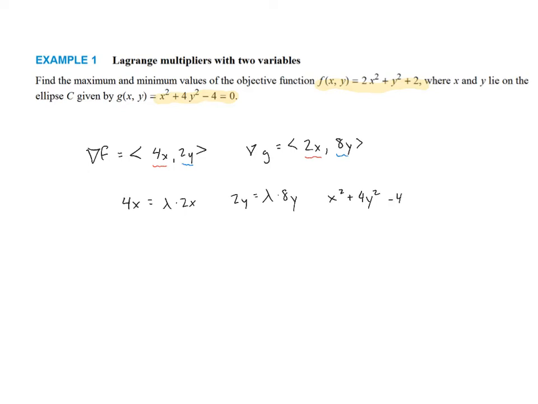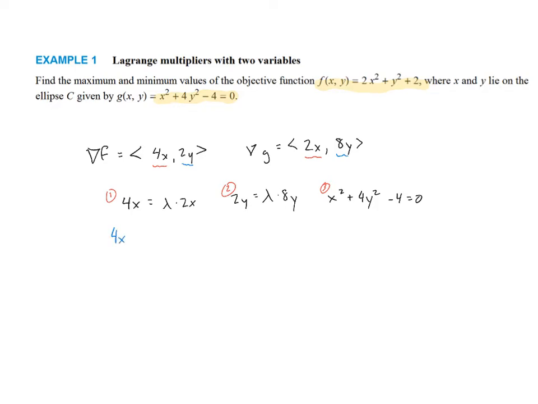Okay, so now we take these three equations: the first from the x's in the gradient, the second from the y's in the gradient, and the third the original constraint, and we've got to manipulate these somehow to solve and get some solutions x and y. I'm just going to start with number 1 and see what happens. I see that I've got x's on both sides, so let's say I start out by subtracting lambda times 2x.